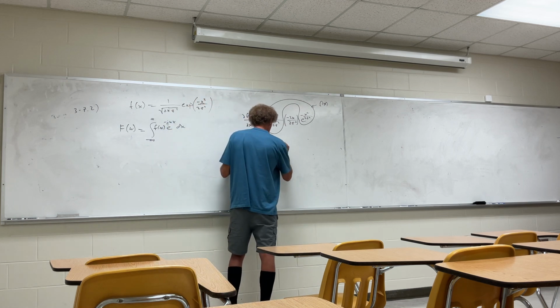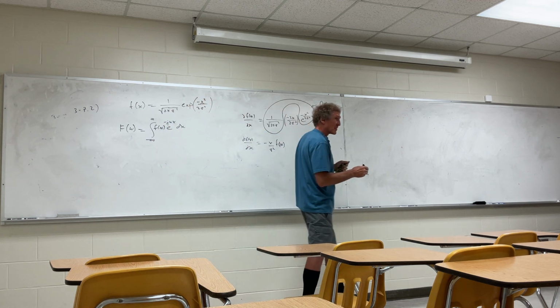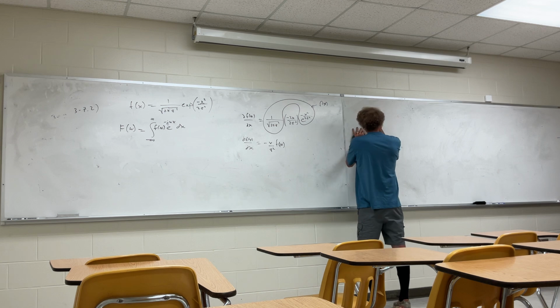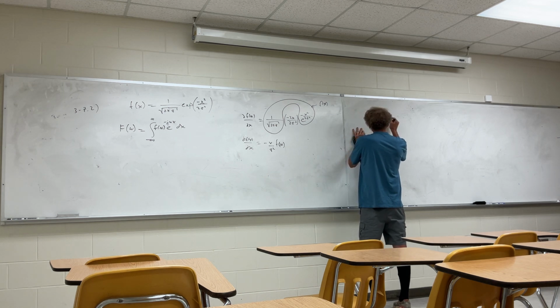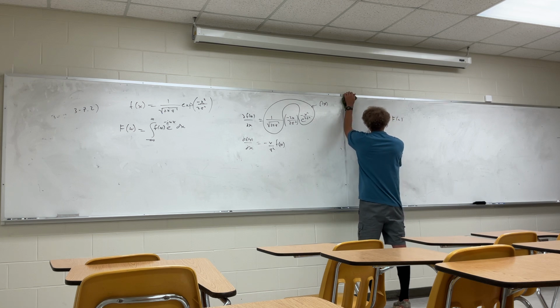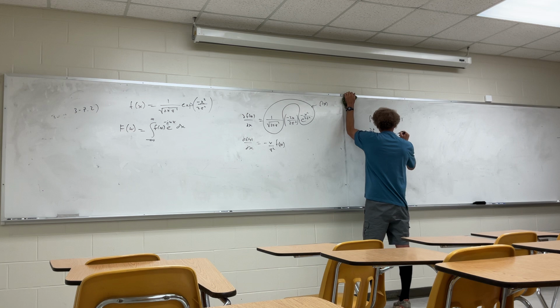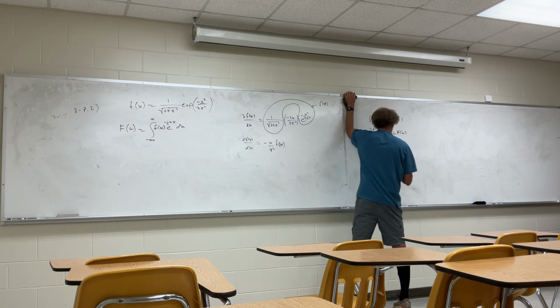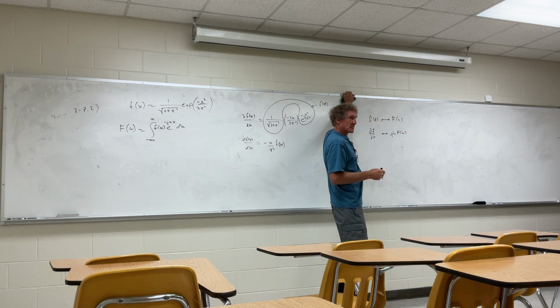and now you may remember, I'll use t, f of t goes to F of omega. Then if I have df dt, that goes to j omega F of omega, right? Do you remember that property?